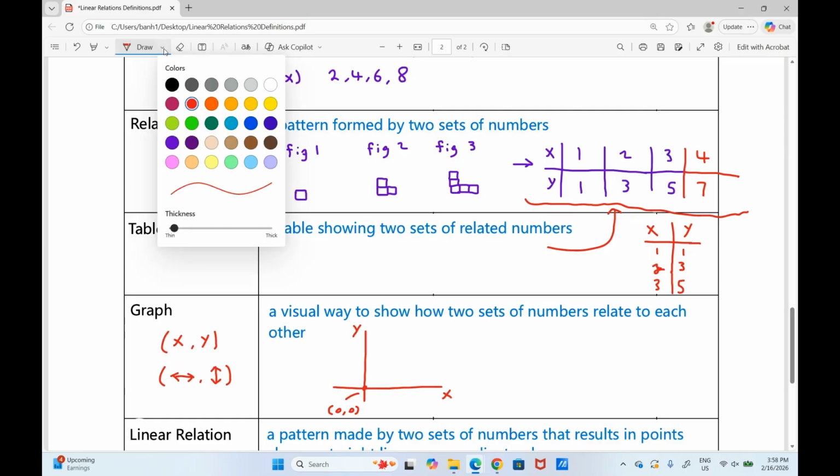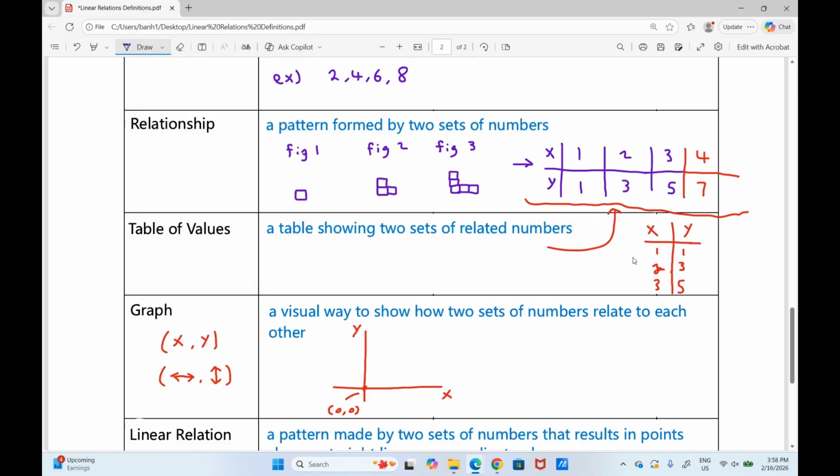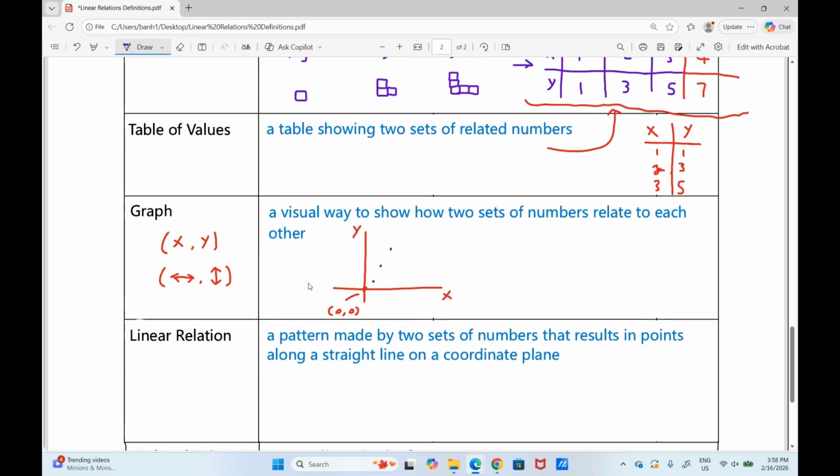So if I were to place this onto a grid, 1, 1, that looks like it's approximately here. 2, 3, so I go across by 2, up by 3, yeah, it looks like this. And then I go across by 3 and up by 5, it looks like this. And then you would notice that this forms a straight line, and that leads into our next thing, which is linear relation.